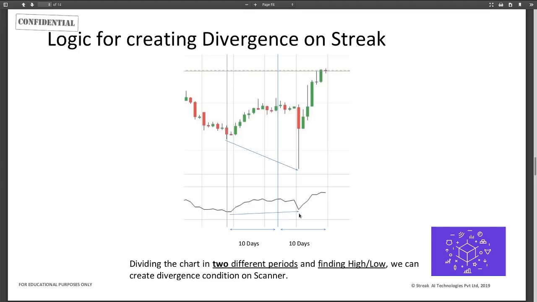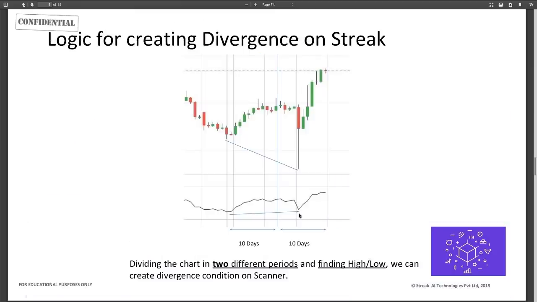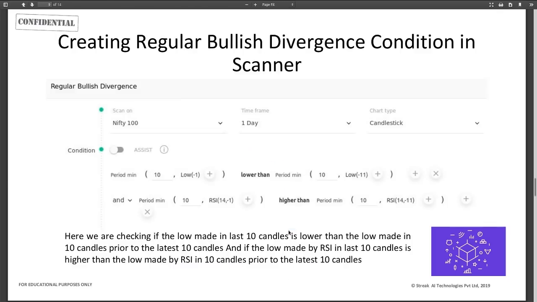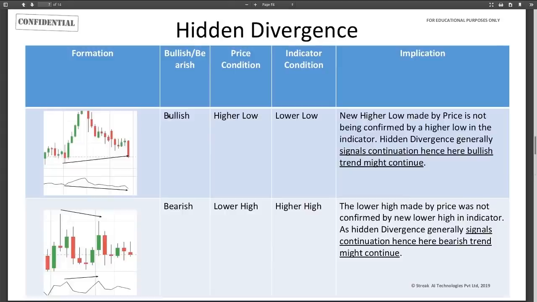What kind of divergence it is can be classified very simply in either of these 4 formats. Let's go ahead and create this so that you can see how it actually looks. First we will create regular bullish divergence. The first one basically indicates that a bullish trend is going to start.